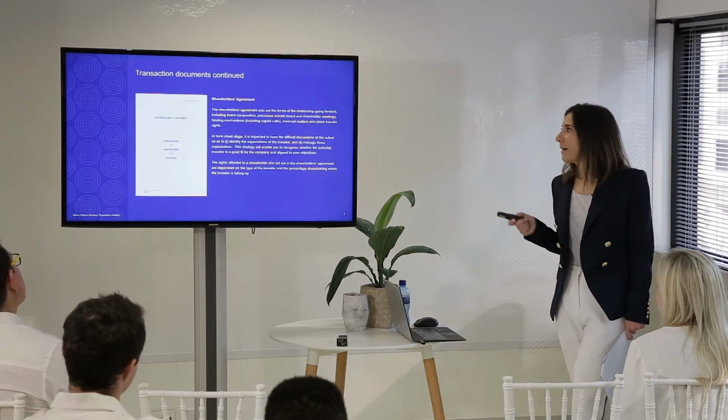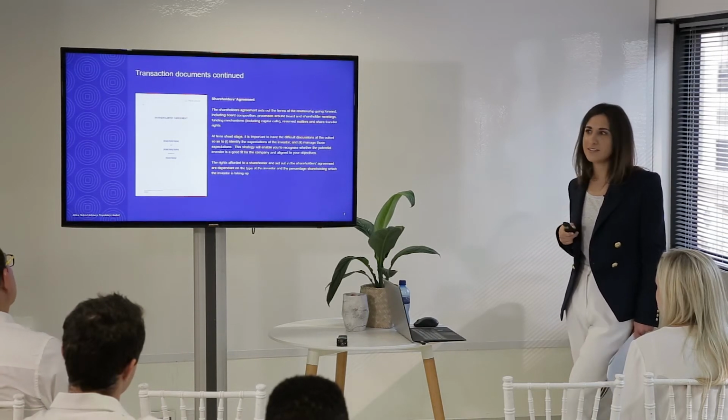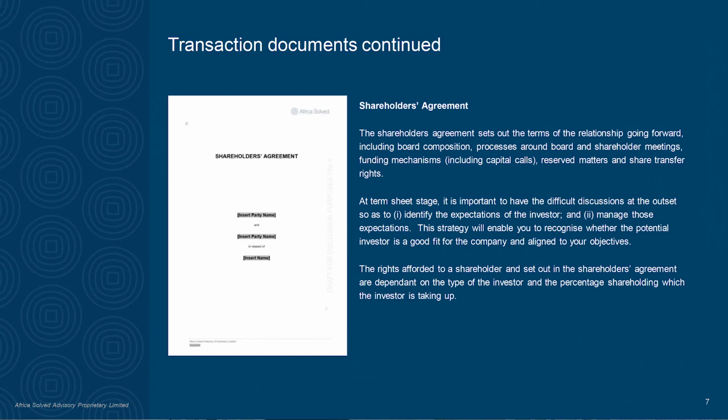Should third-party funding not be available, then obviously the shareholders may need to step in, and will it be proportionate, disproportionate, and there'll be basically a mechanism around that. Then reserved matters, I'm sure you've heard this word getting thrown around. It's basically those matters which require shareholder approval over a specific threshold, usually at 75%.